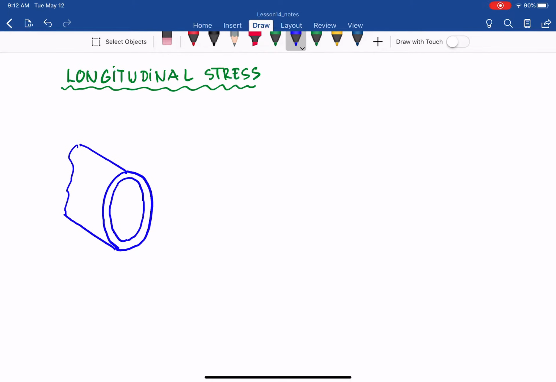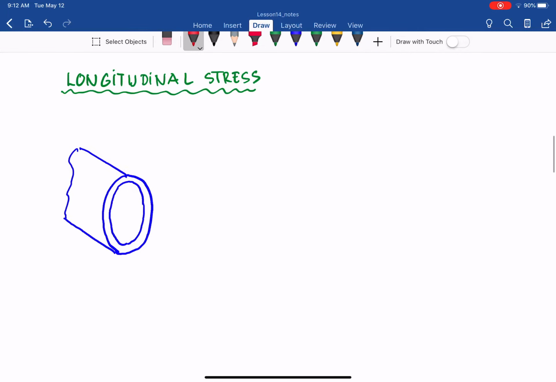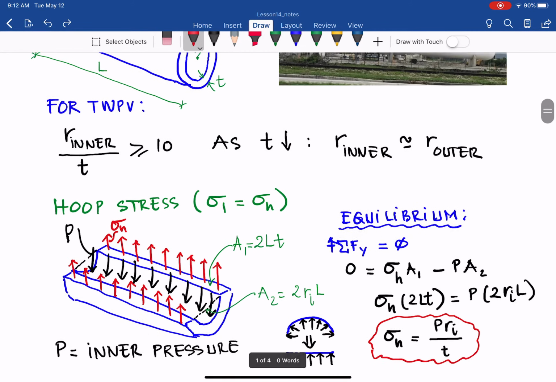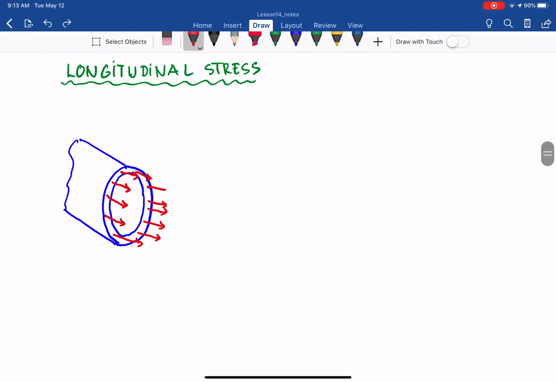And of course, along the material, due to the pressure, we have the stress on the material along the longitudinal of the cylindrical tank, and that we call sigma L. So that is sigma L of stress.